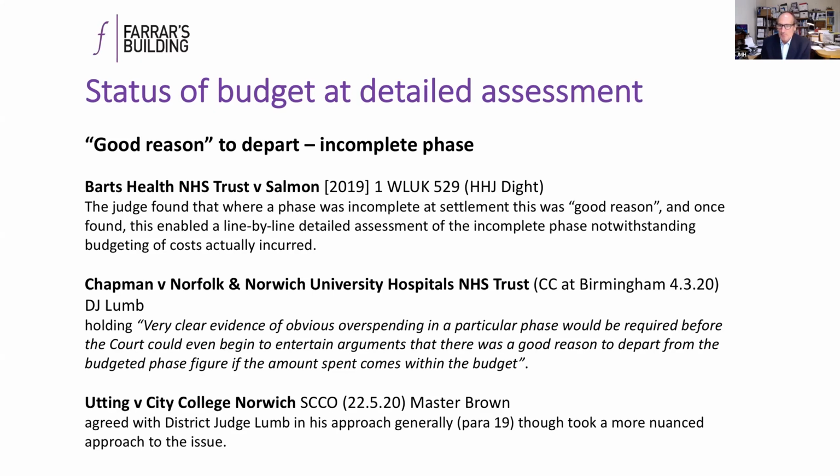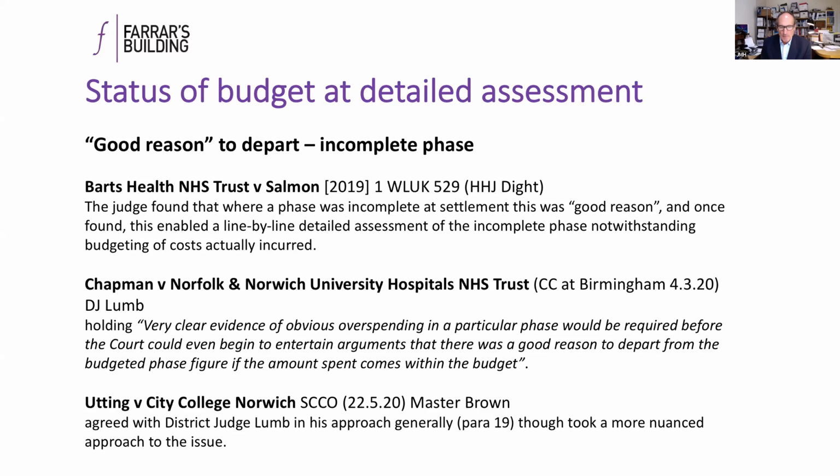District Judge Lumb in Birmingham thought utter nonsense. Very clear evidence of obvious overspending in a particular phase would be required before the court could even begin to entertain arguments that there was a good reason to depart from the budgeted phase figure if the amount spent comes within the budget.